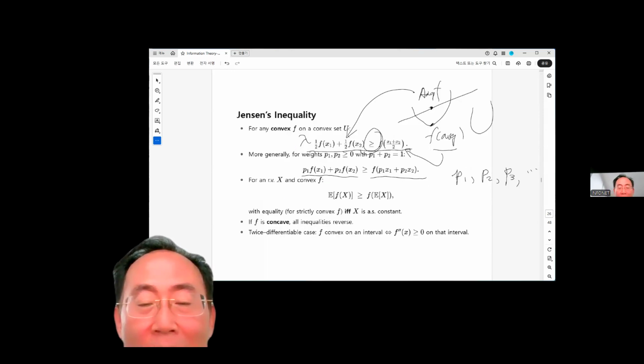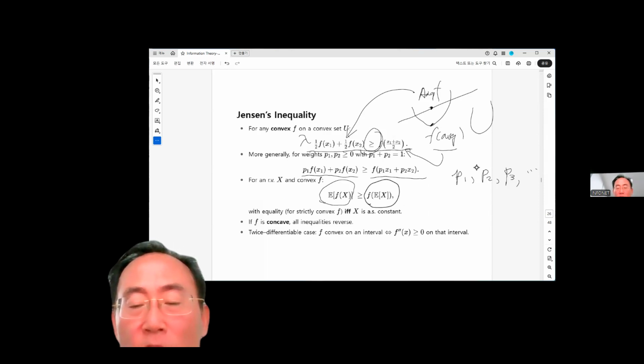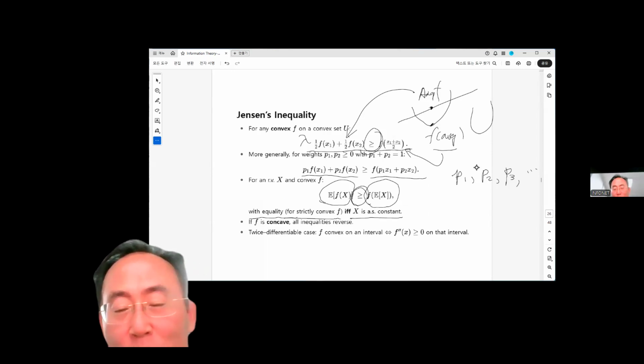So average of a function of average, f is convex, then inequality goes this way. And with the equality for strictly convex f, that is if and only if x is an almost sure constant. What do we mean by this?